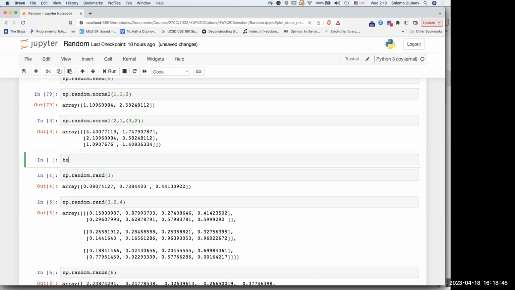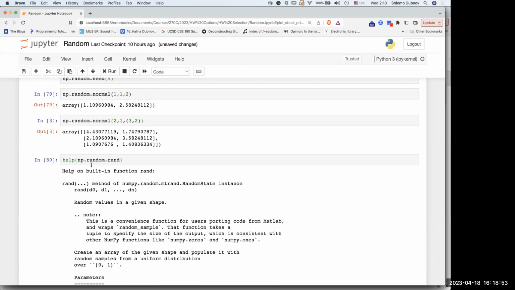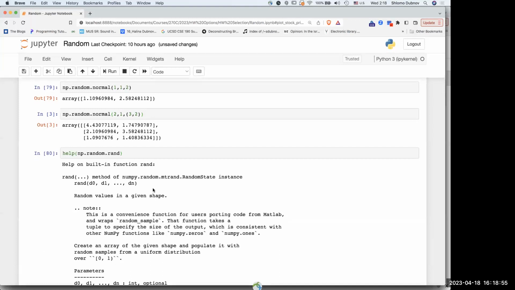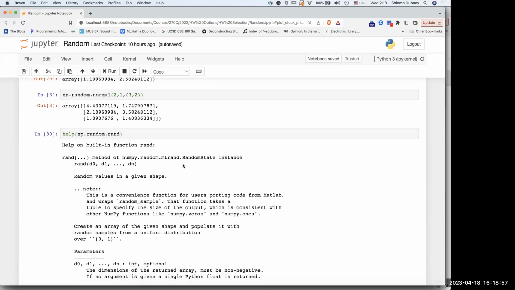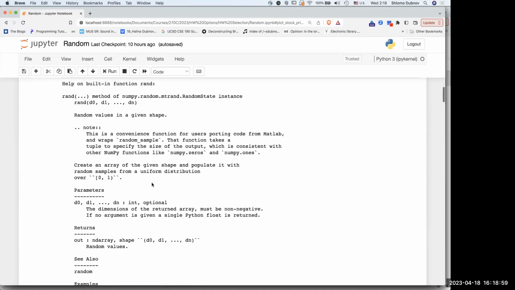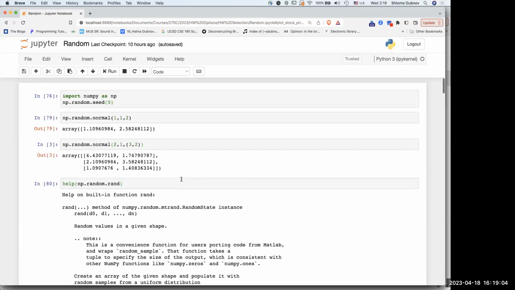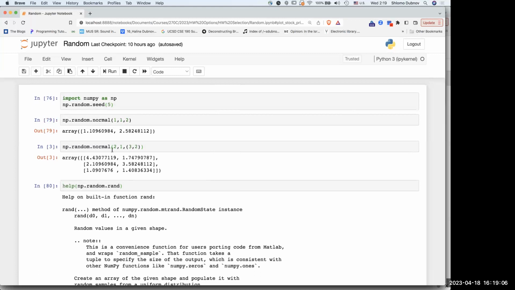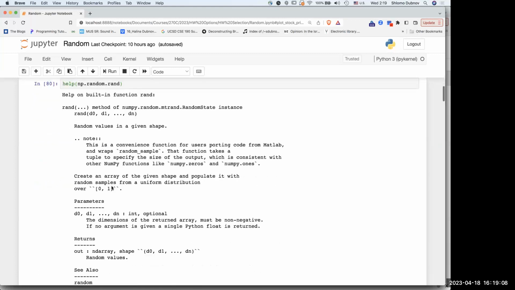Okay, so help. Normal is Gaussian, and rand creates an array of the given shape with random samples from the uniform distribution.